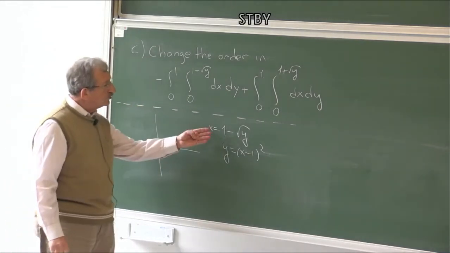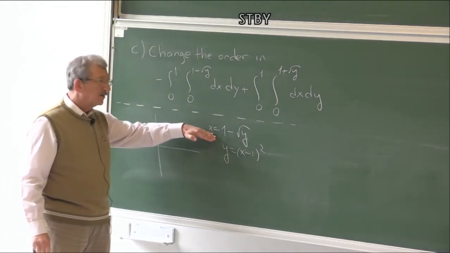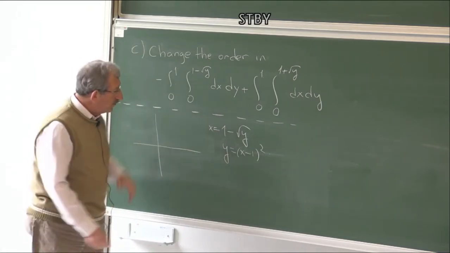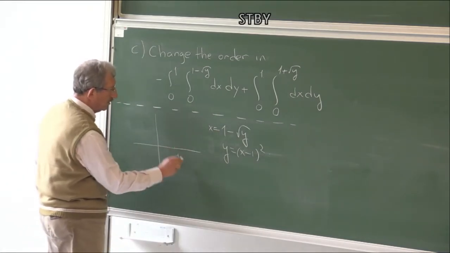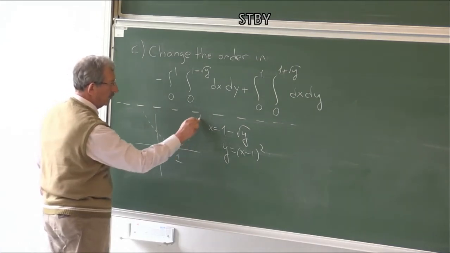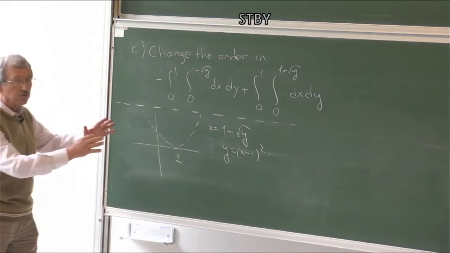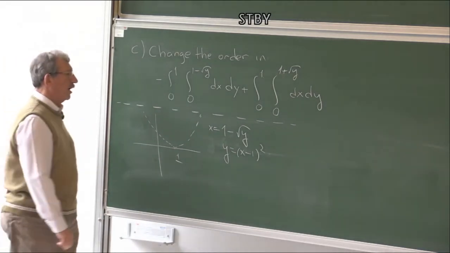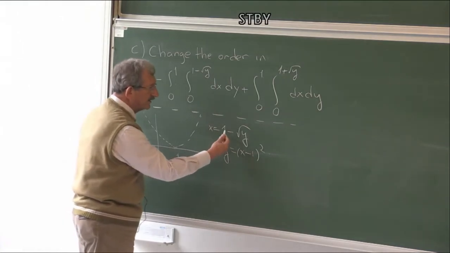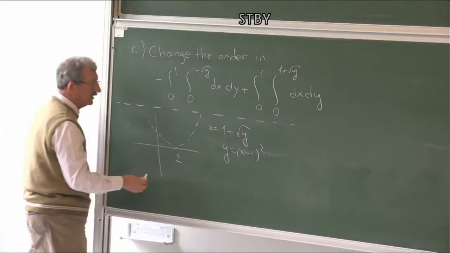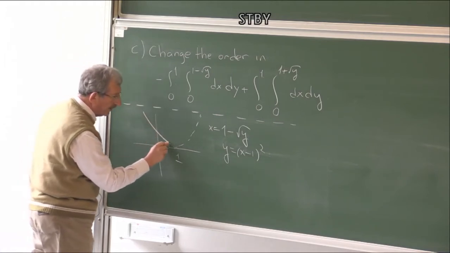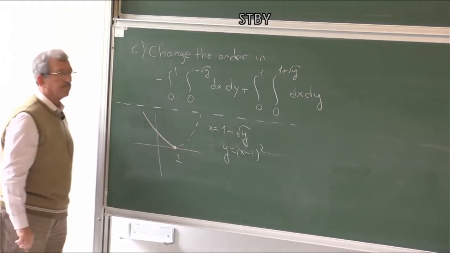In other words, x is smaller than 1. Well, this parabola is something like this. It's a shifted parabola to x equal to 1. And the fact that x is less than 1 says that we are talking about the left branch of the parabola.